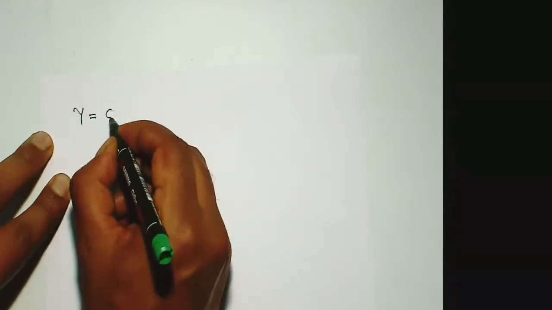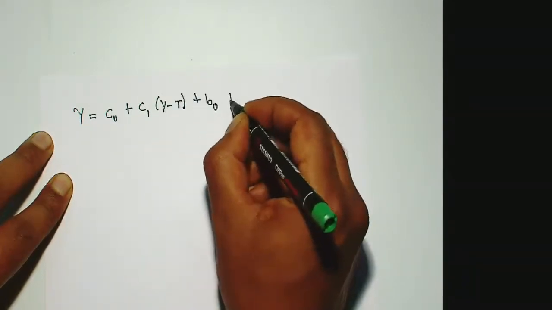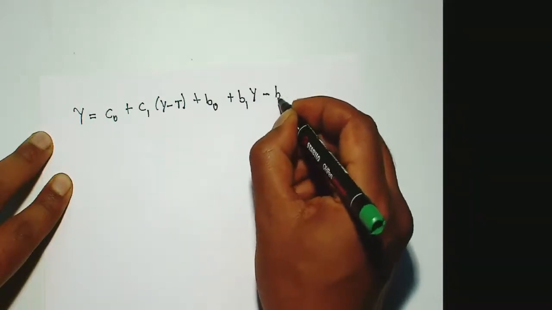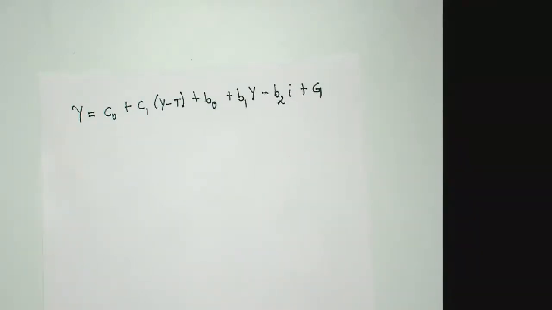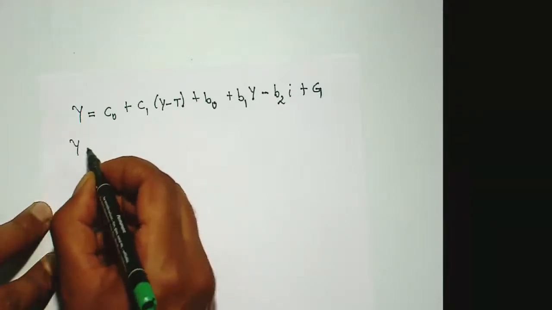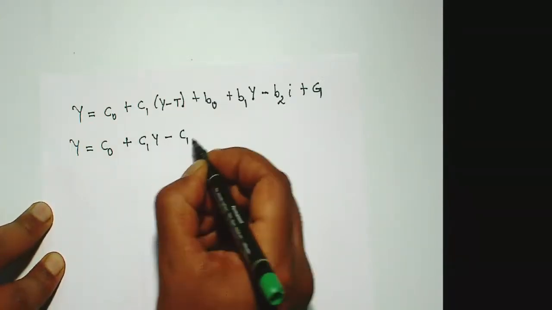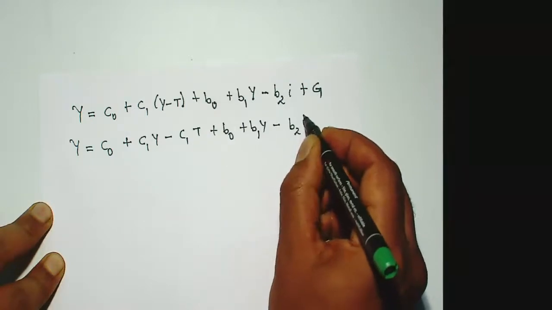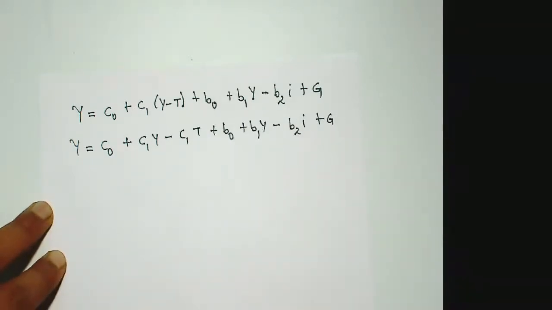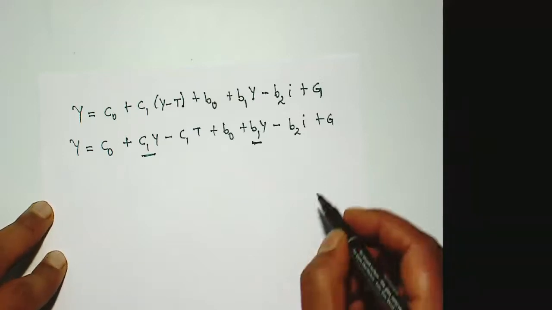We start with the already given formula of the IS curve, which says Y is equal to C0 plus C1 times (Y minus T) plus B0 plus B1 multiplied by Y minus B2 I plus our government expenditure G. First, we would get rid of the bracket in the right-hand side equation, plus B0 plus B1 Y minus B2 I plus G. And then the second step we do is we would gather the Y terms and move them to the left-hand side.